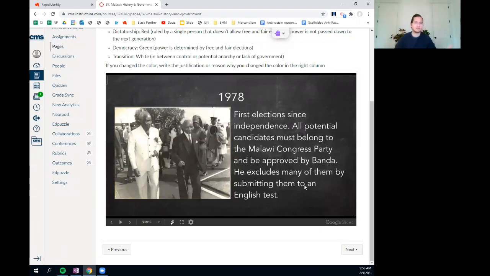It's not a free and fair election. So this is not a democracy. So even though it's there, this should be red because it's still a dictatorship, even though there are elections. So don't be fooled when a country has an election and there's only one person that you can vote for. They'll argue that it's a democracy, but it's really not.